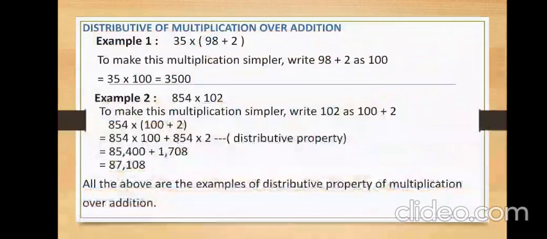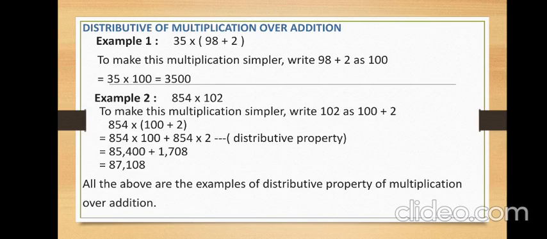The fourth property is distributive property. It is used for simplification. See example 1, 35 into 98 plus 2. For making the multiplication simpler, we add 98 plus 2, so 100, so the result is 3500.